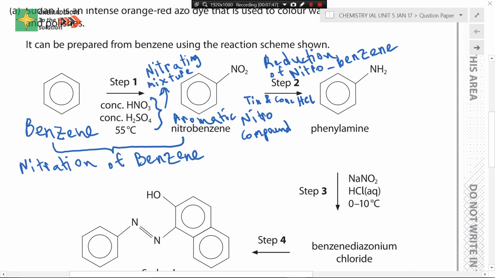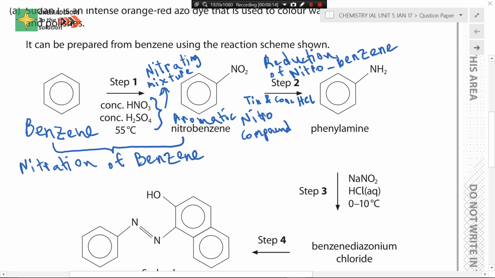Now let us review step 1 and step 2. In step 1 we have carried out nitration of benzene. For that we need the nitrating mixture, which is concentrated nitric acid and concentrated sulfuric acid, at 55 degrees Celsius. So this is nitration of benzene.